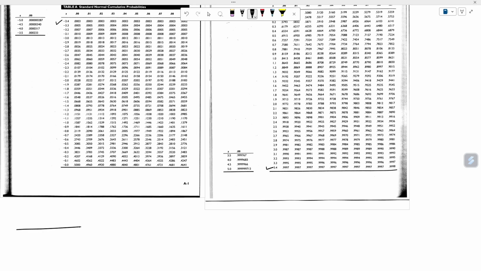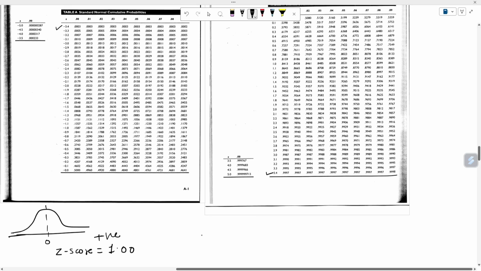So let me make the normal probability distribution diagram. This is our bell curve. And on the x-axis lies the z-score. For example, our z-score has the value of 1.00, right, which is positive.